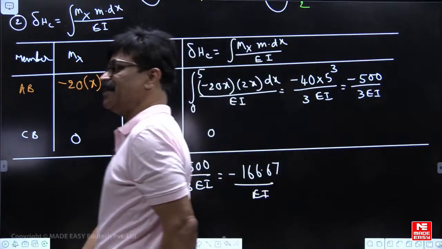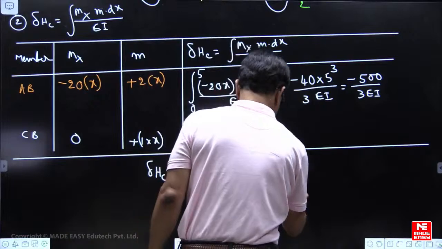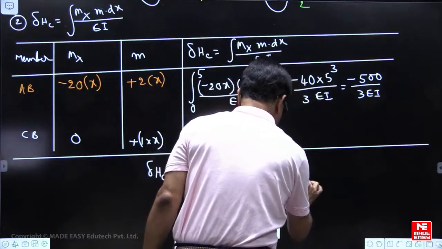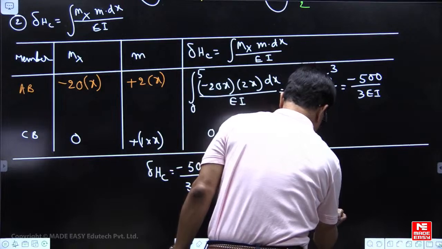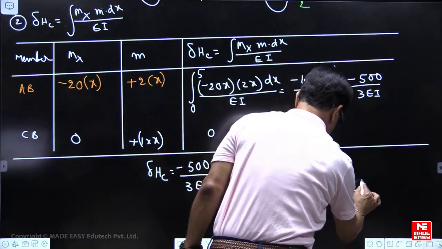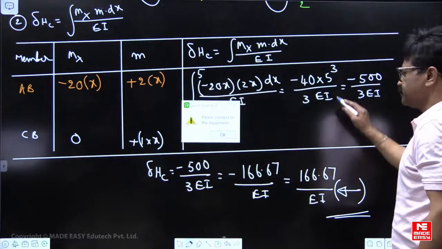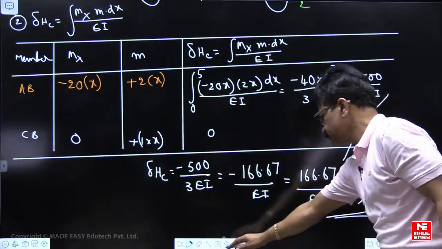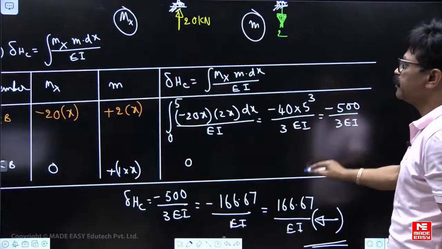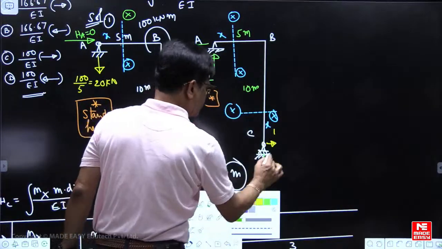Minus indicates what? Anyone finished by this time? Minus 166. Correct. Most of you finished already. Negative sign means what? Negative sign implies that you thought it is going right side.